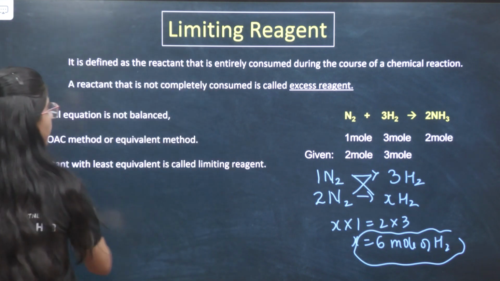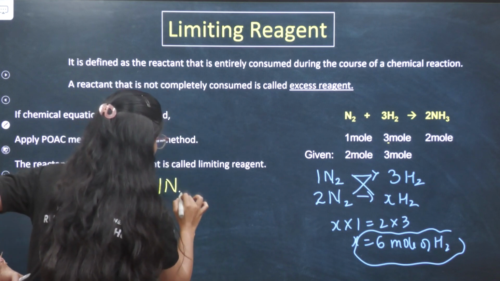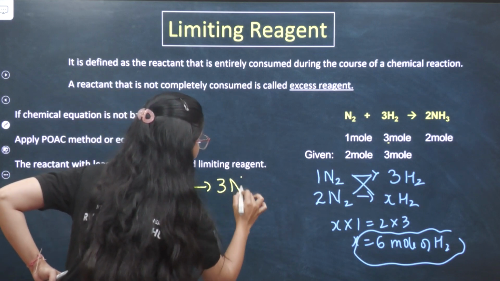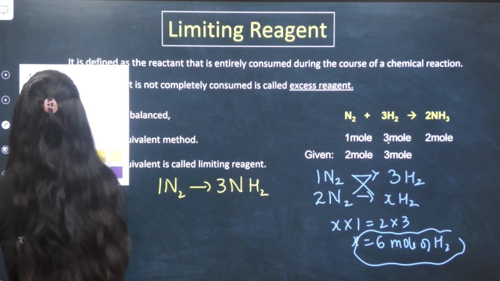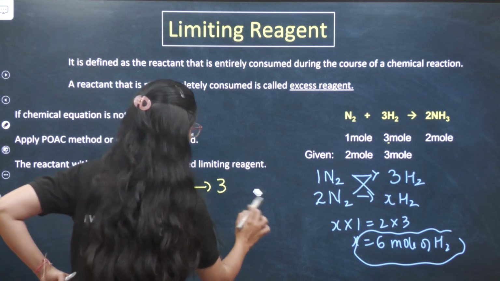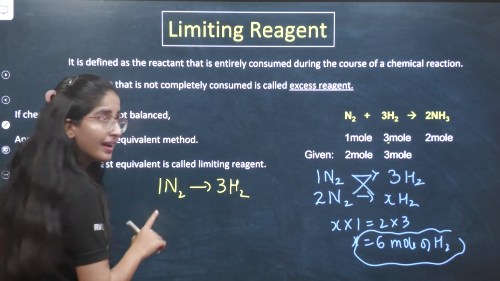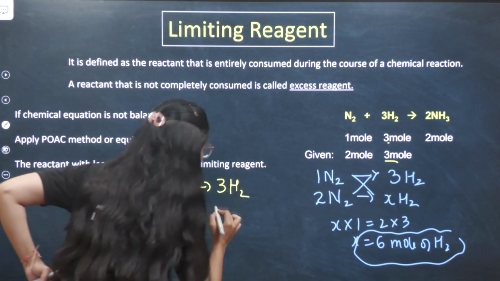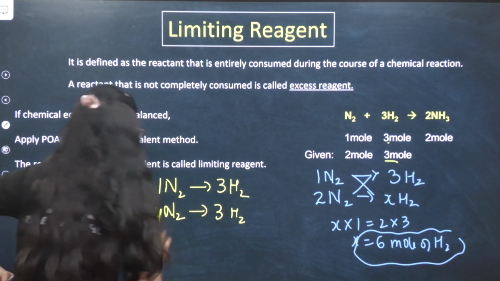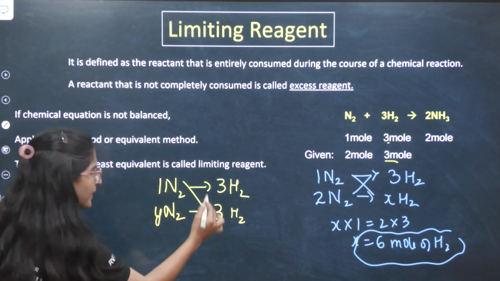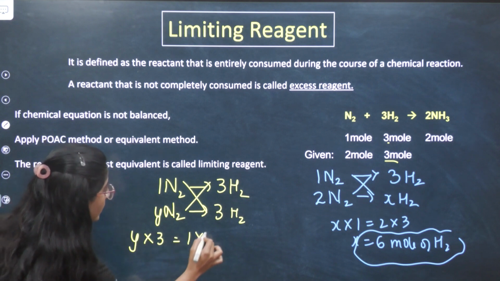For the other one, see here, 1 mole of nitrogen requires 3 moles of hydrogen. Correct? Then 3 moles of hydrogen will require how many moles of nitrogen to give complete reaction? Cross multiplied, y into 3 will be equal to 1 into 3.